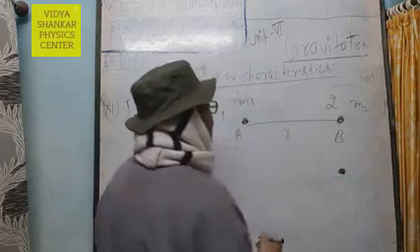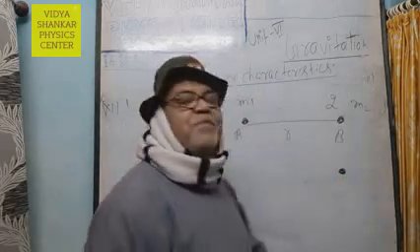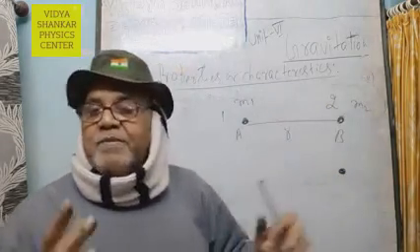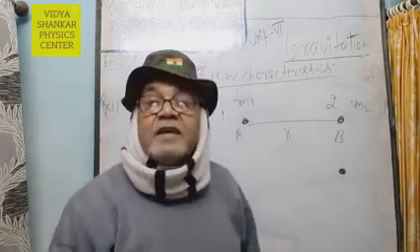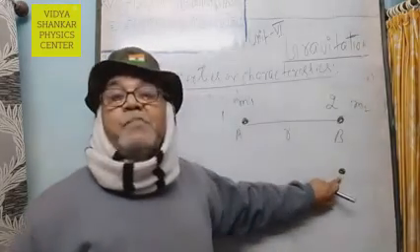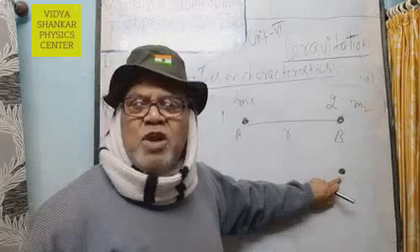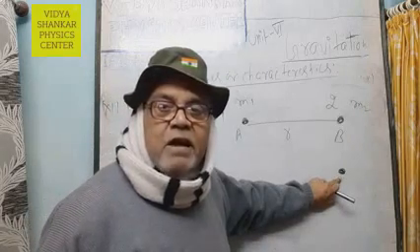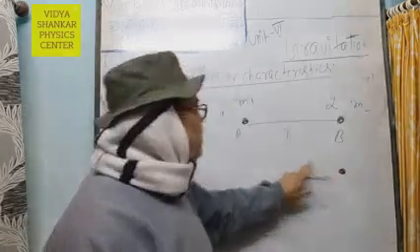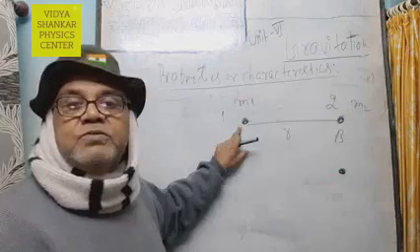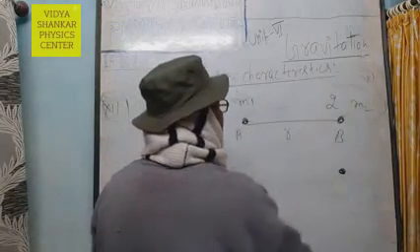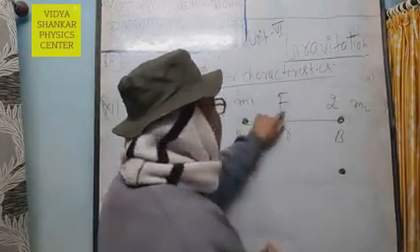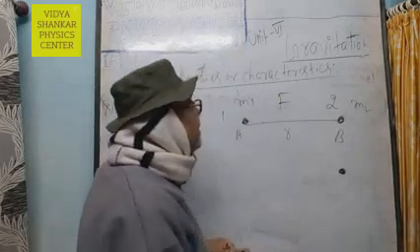Therefore, there is a mutual interaction between the two particles. The gravitational force between the two particles is unaffected by the presence of a third particle. There is no importance of the third particle. It is the mutual interaction between the two particles only.